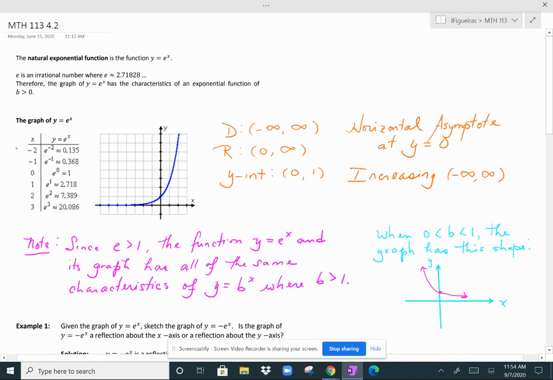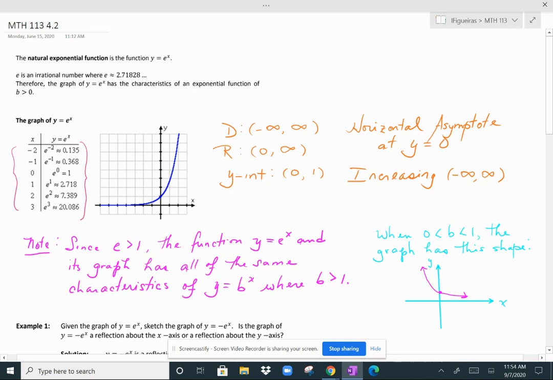So I picked some values of x because x could be any number, because the domain of an exponential function is all real numbers. So if you plug in -2, e to the -2, and you would need a calculator to come up with these y values, is 0.135. E to the -1 is 0.368.